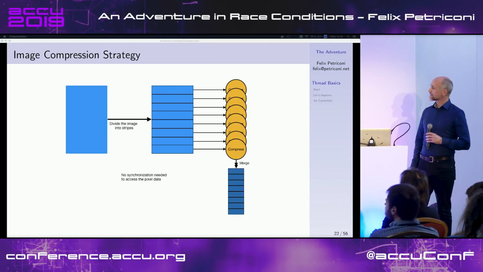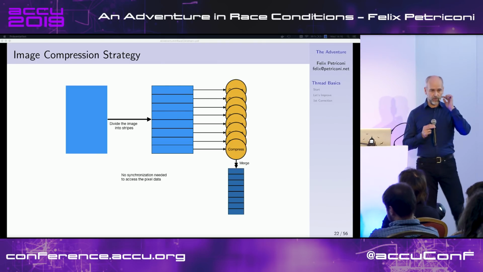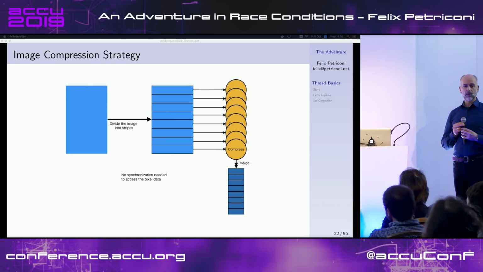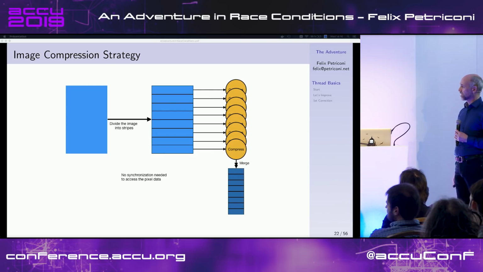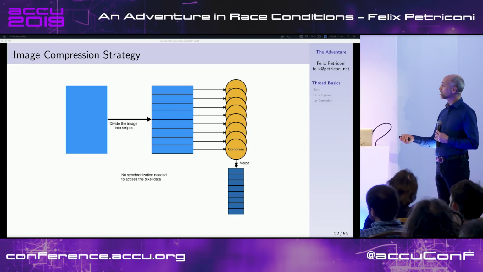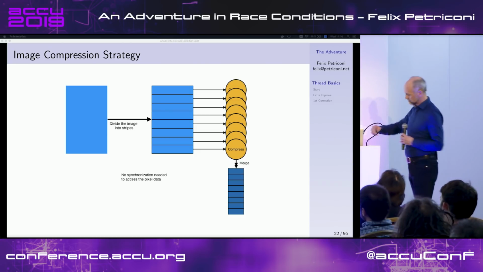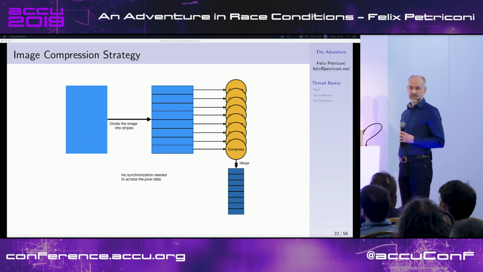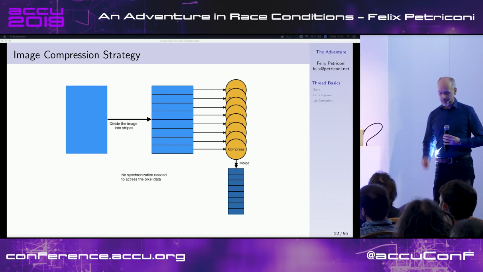Okay, let's come to our domain problem. The problem was that we want to compress the images faster than we did before. So we take the image and divide it into a number of stripes.